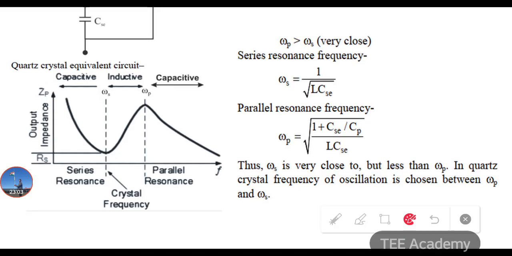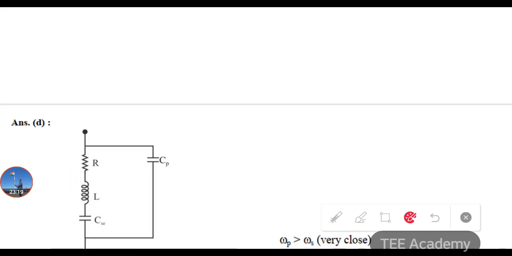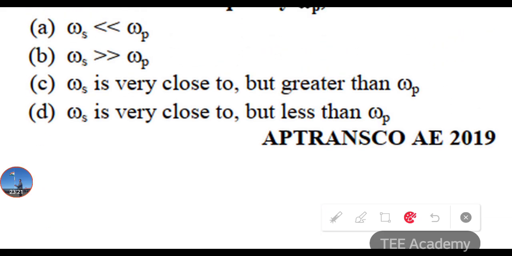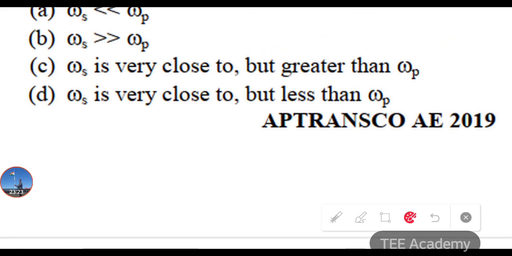So Ws is very close to but less than Wp. In quartz crystal, frequency of oscillation is chosen between Wp and Ws here. So the answer for this question is D. Ws is very close but lesser than the Wp here.